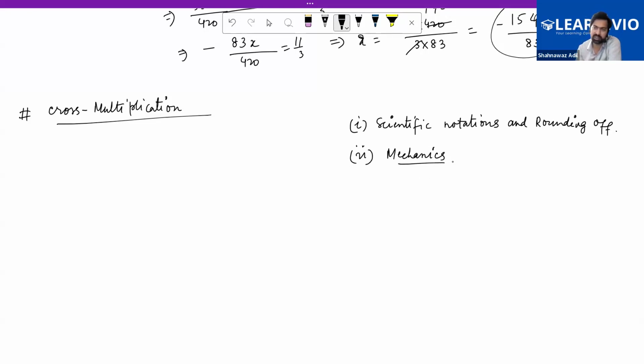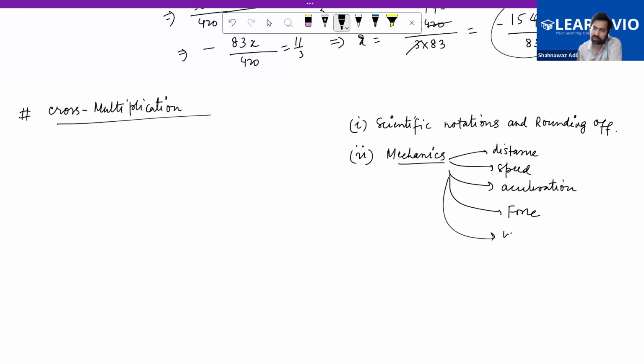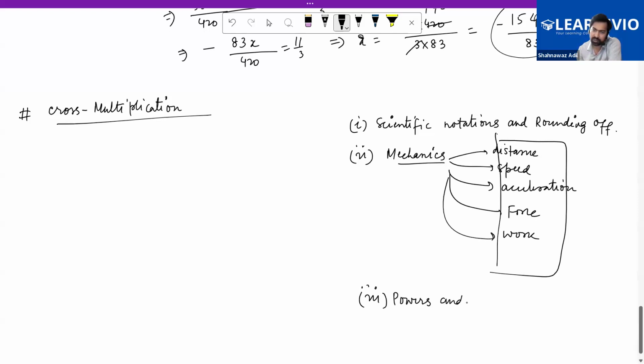So in mechanics, I will talk about distance, speed, acceleration, force, and work. All these physical parameters I will talk about, and I will also talk about powers and exponents, right?